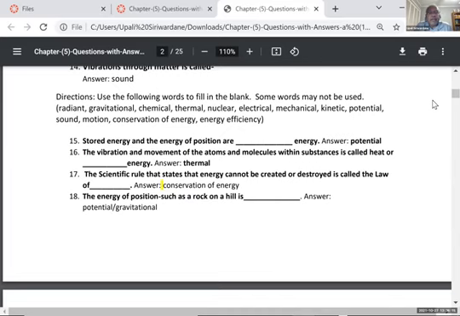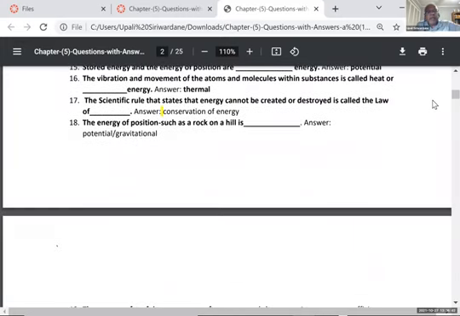Number 15, stored energy and the energy of position are potential energy, stored energy and energy of position of bonds. The vibration and movement of atoms and molecules is called thermal energy. The vibration and movement of atoms and molecules increases with the temperature. That is thermal energy, heat.